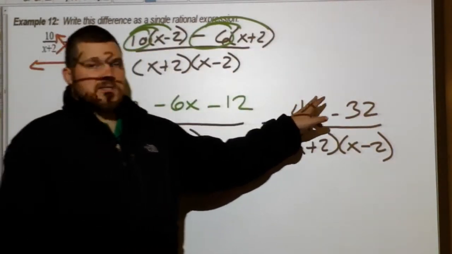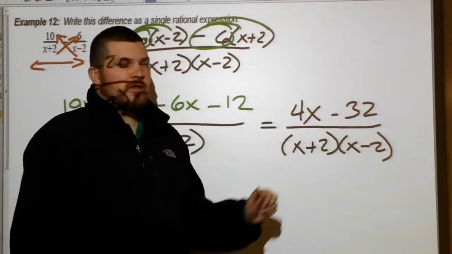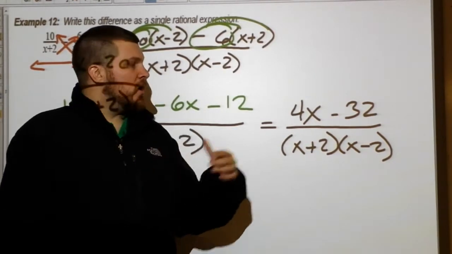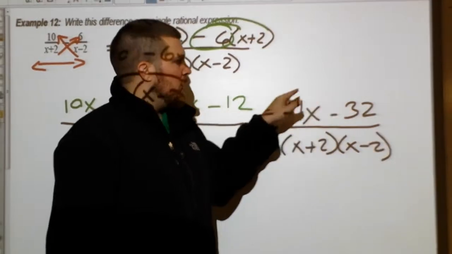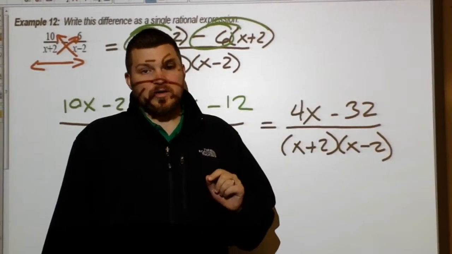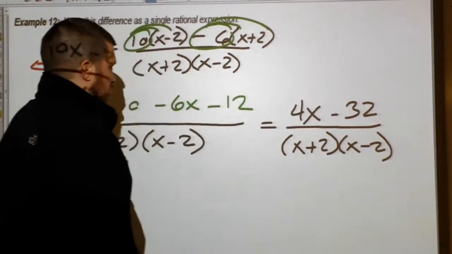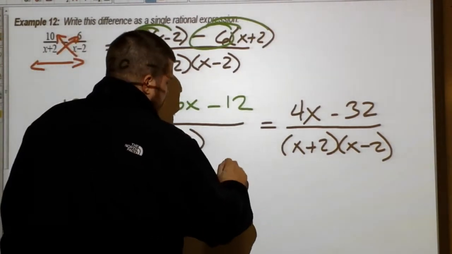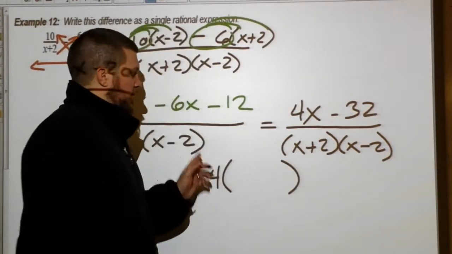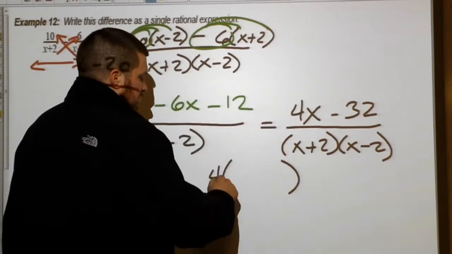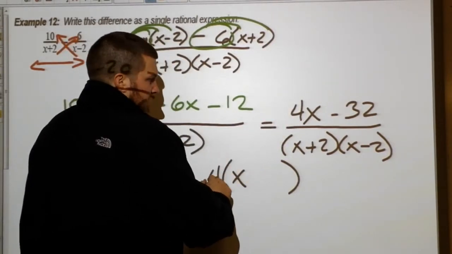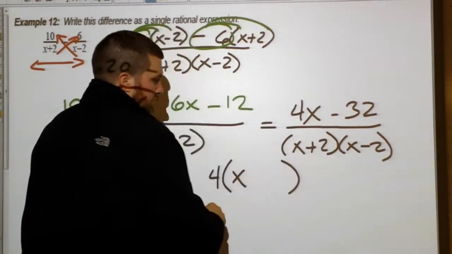Well, this isn't a difference of two squares, so the only thing left that it could be is a GCF problem. I'm going to look for the biggest thing that both terms in my numerator have in common, and that would be 4. When I pull a 4 out of my numerator, I ask myself, 4 times what gives me 4x? That's easy, it's x. And 4 times what gives me negative 32?